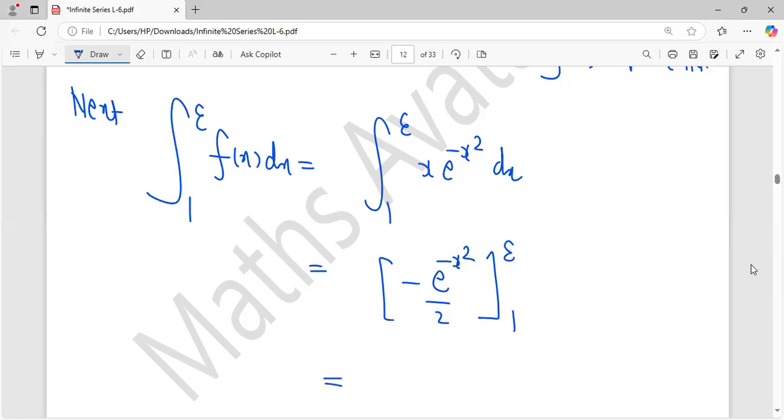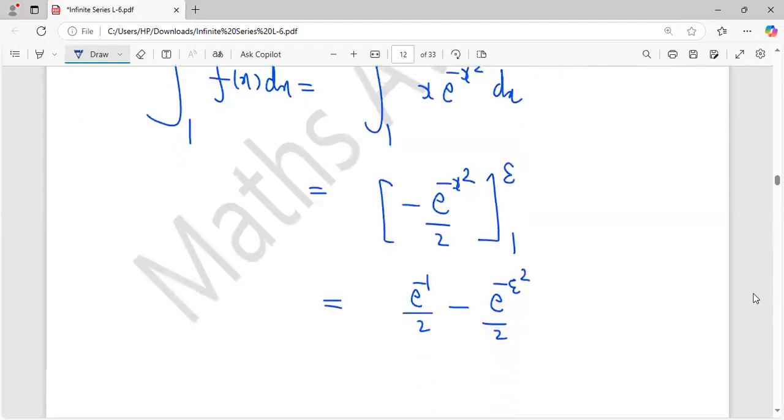So this is e to the power minus 1 upon 2 minus e to the power minus epsilon square by 2.